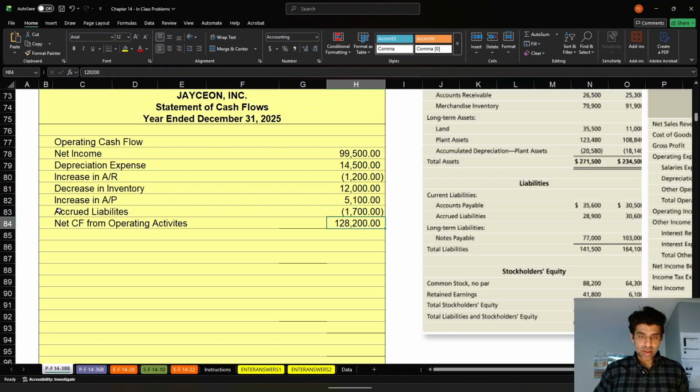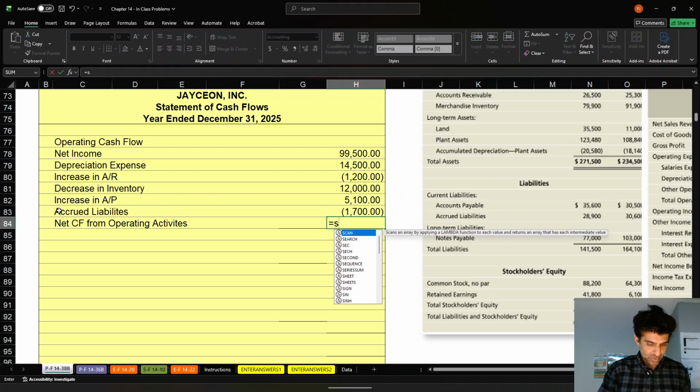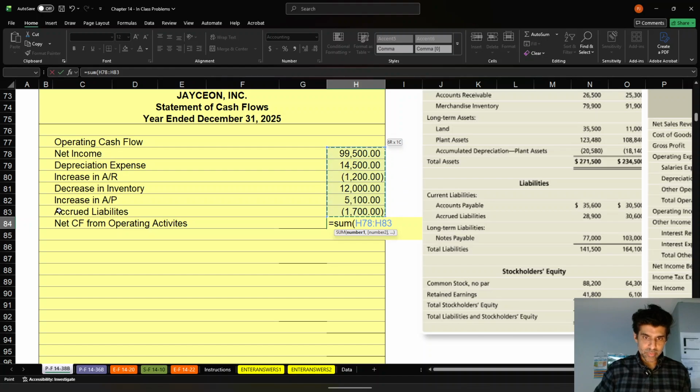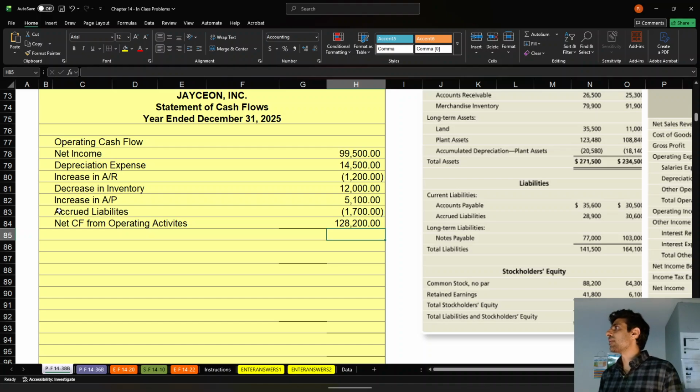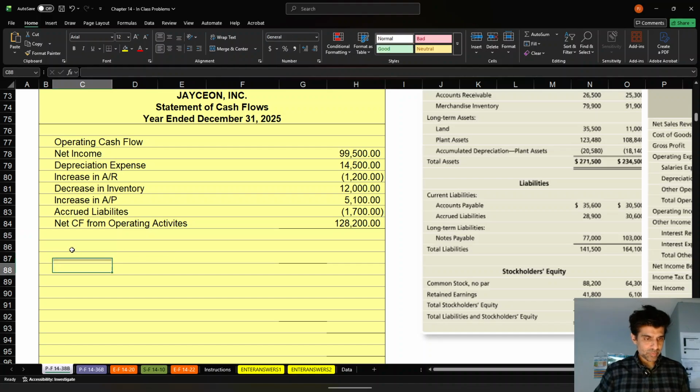Okay, so now let's make sure this all ties together. I'm just going to add up all this stuff. And yes, we got the right answer. Okay, all right, so now we're doing the investing section.